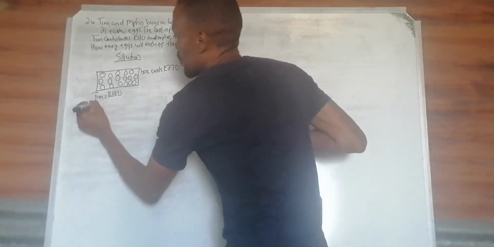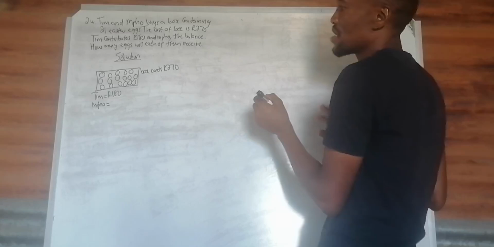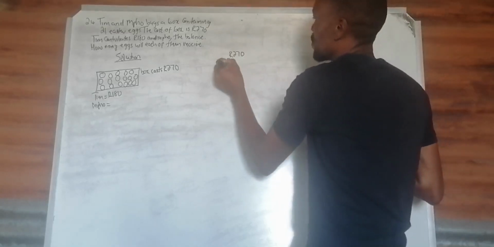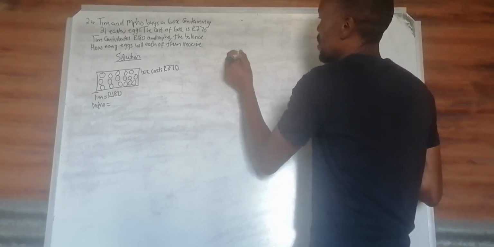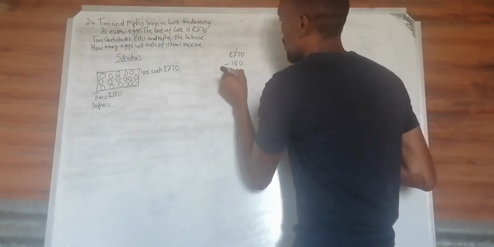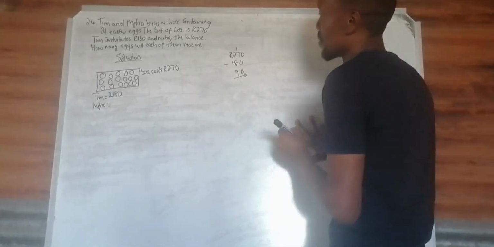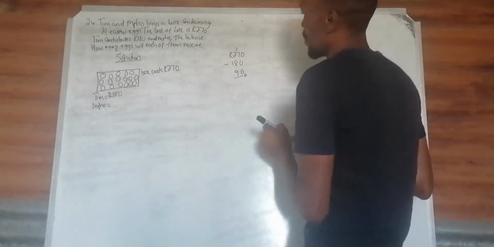Mpho contributed 270 minus 180. 270 minus 180: 17 minus 8 is 9, so it is 90 rand.